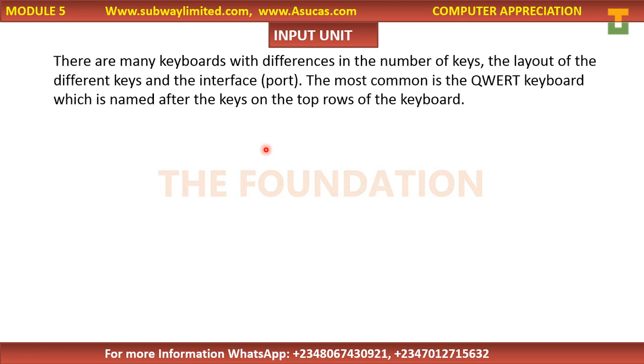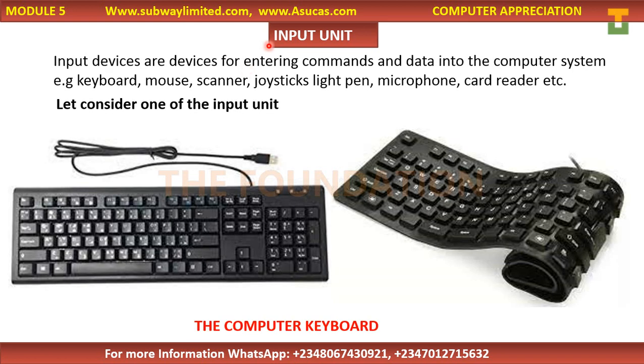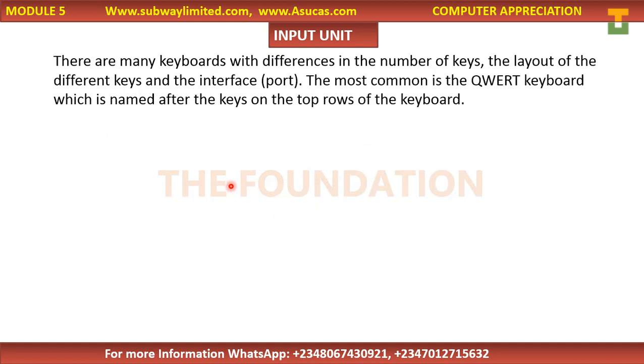So the most common keyboard we use, if you check, you see the Q, W, E, R, T keys. So that is the type of keyboard we are analyzing here. We name it the QWERTY keyboard.